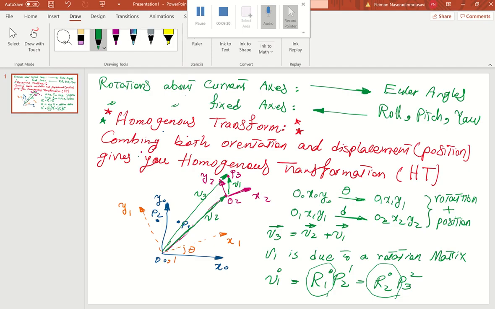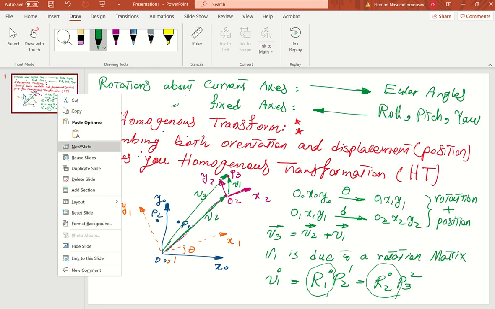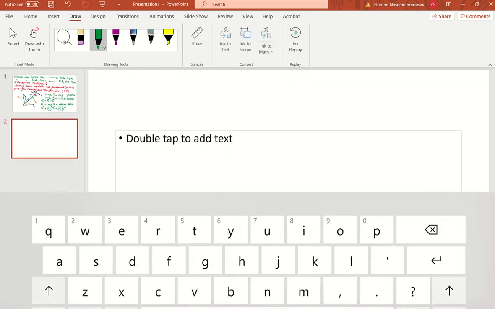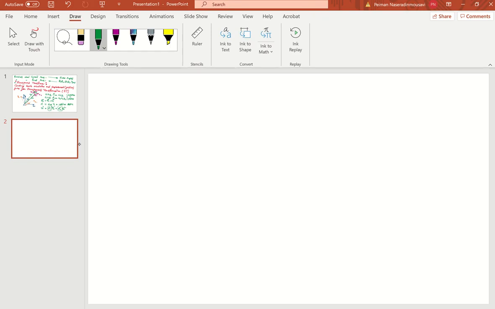Understand? But we know that V2 is only due to a translational motion.